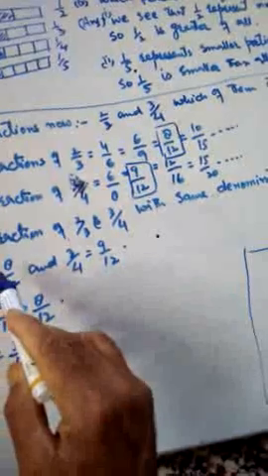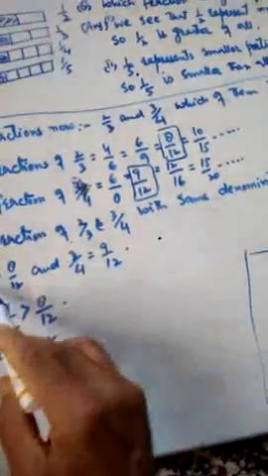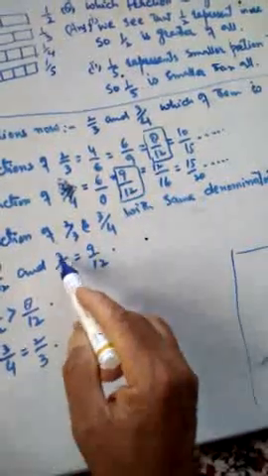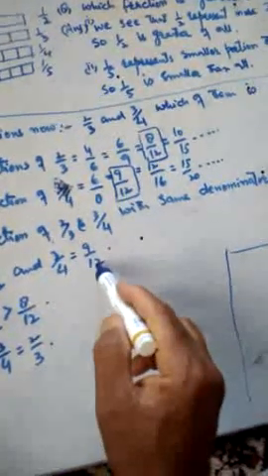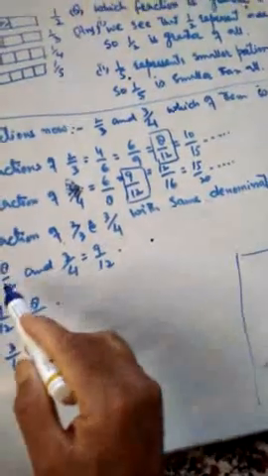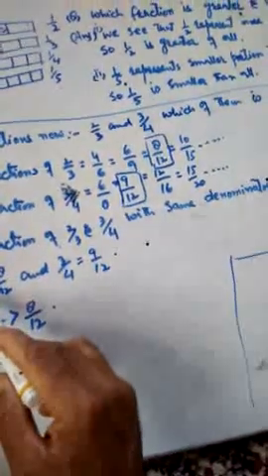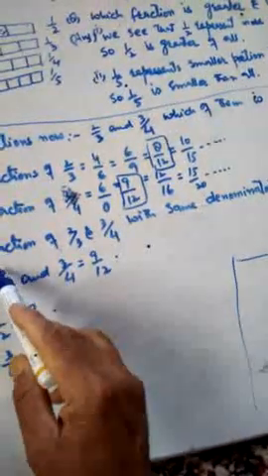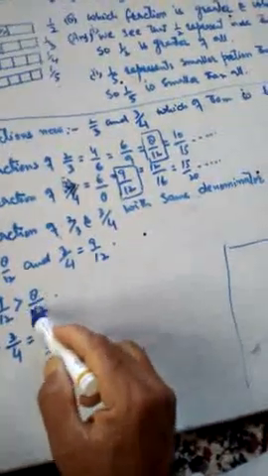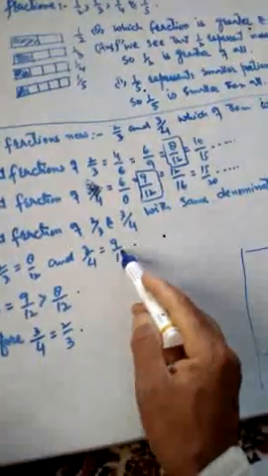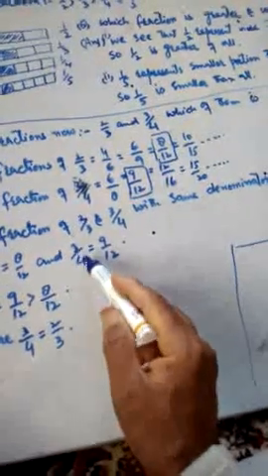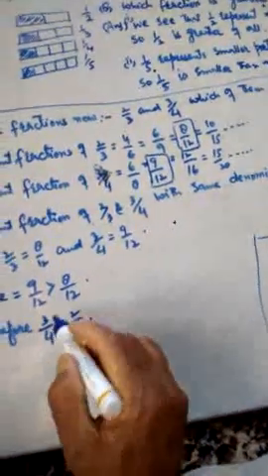While taking the equivalent fractions with the same denominator, the equivalent fraction of 3 by 4, which is 9 by 12, has the greater numerator than the equivalent fraction of 2 by 3 with 8 as numerator. 9 by 12 is greater than 8 by 12. Therefore, 3 by 4 is also greater than 2 by 3.